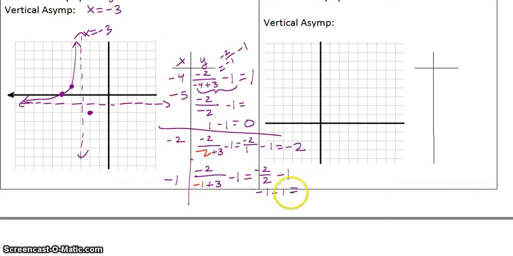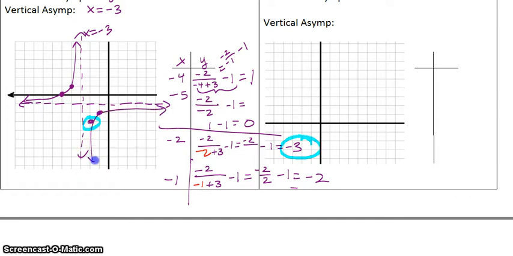And I obviously did something wrong. Yes, this is negative 2 minus 1, which would be negative 3. So negative 2, negative 3, and negative 1, negative 2. I made a mistake originally with that number, so I changed it.